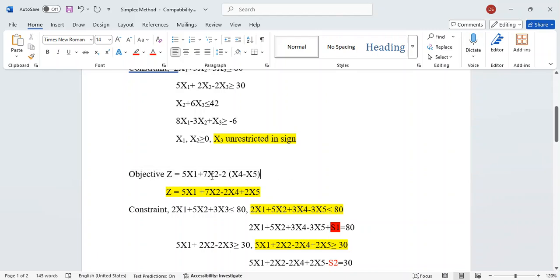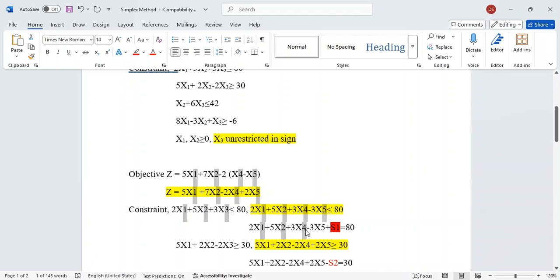How can you make it balanced? You check whether there is surplus or not. If the right hand side is higher than the left hand side, then you add a slack variable. If the right hand side is less than the left hand side, then you deduct some variable, which is called a surplus variable.